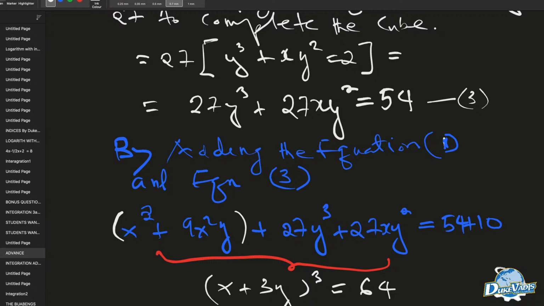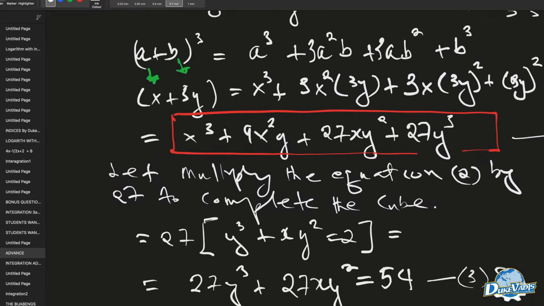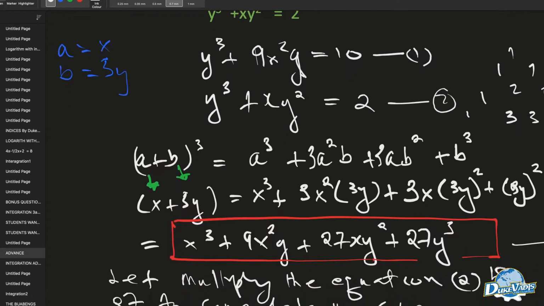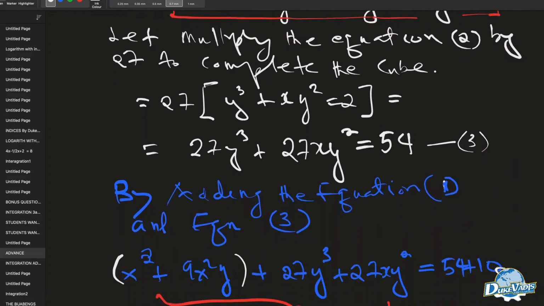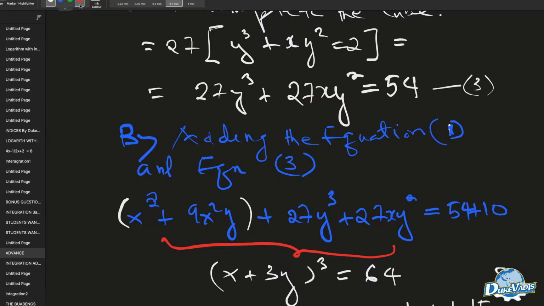When we look at this, what comes to mind? Equations 1 and 3 give us this equation that made life so easy for us.